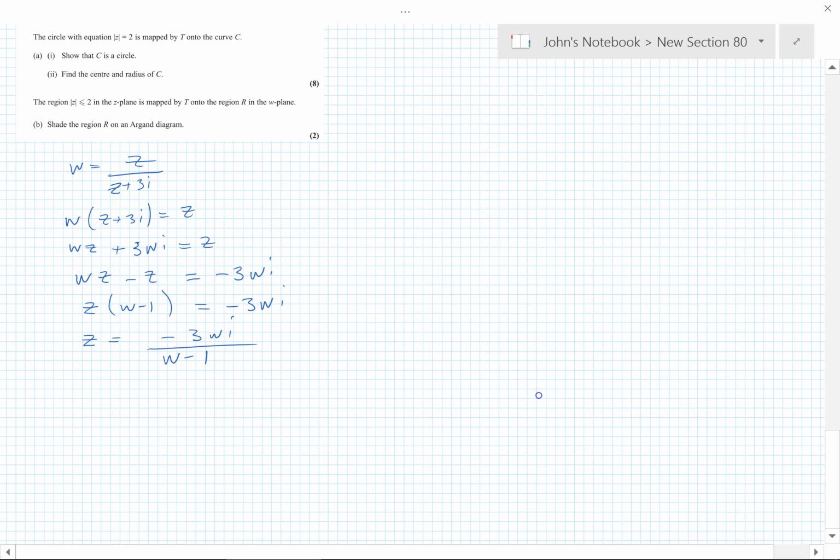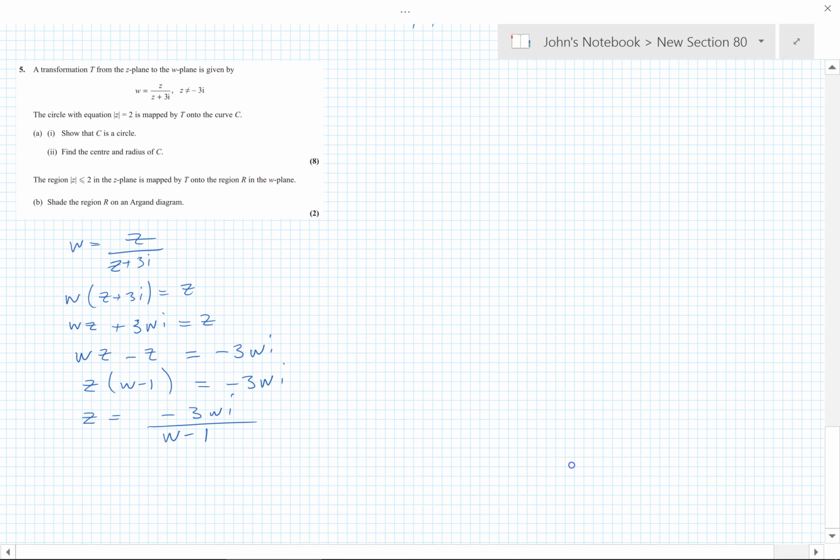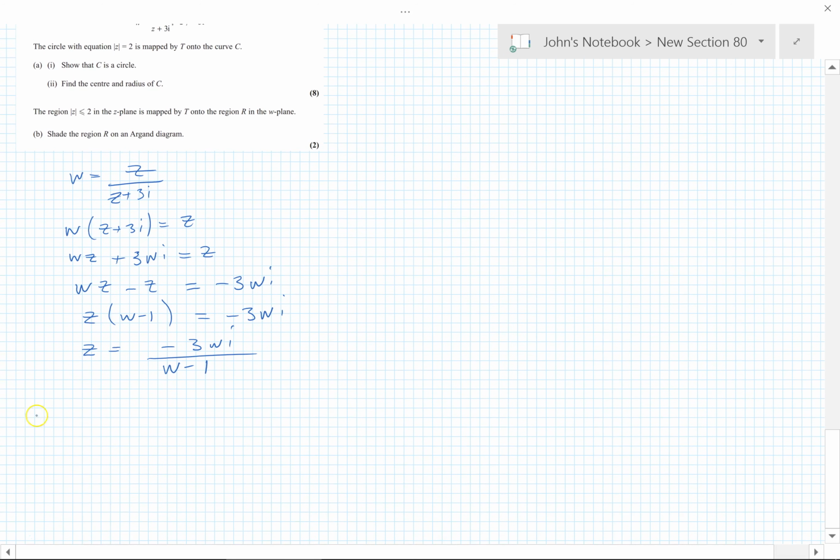Okay. So now we're going to use the modulus property. We're going to use the fact that the modulus of z equals 2. So we have mod of 3wi over w minus 1 is equal to 2.